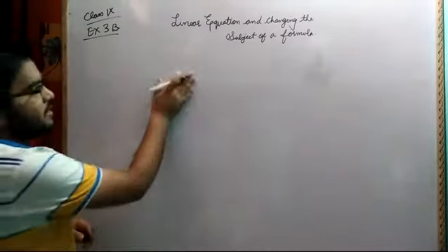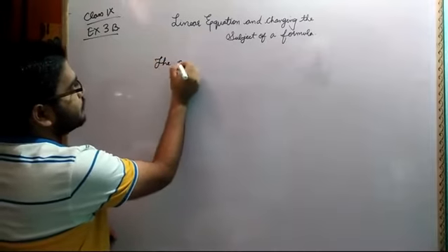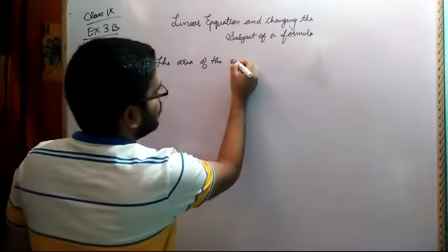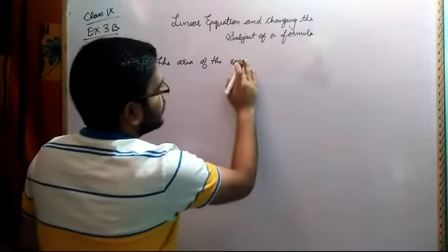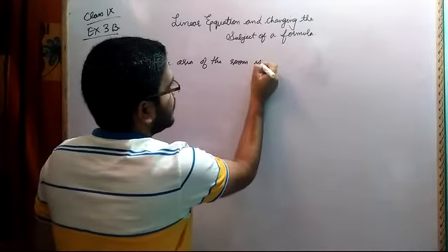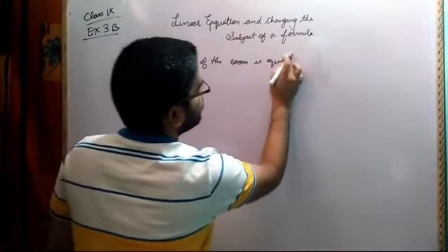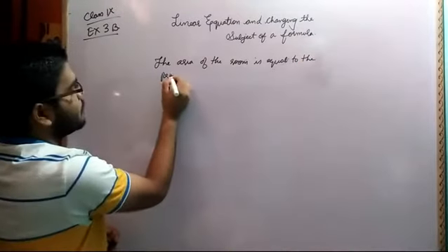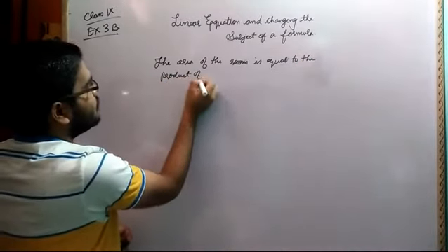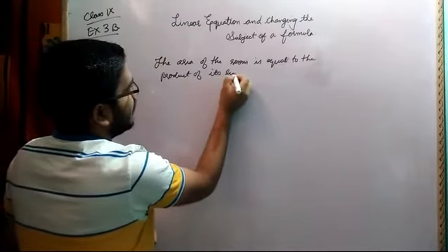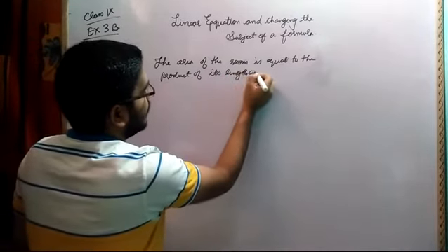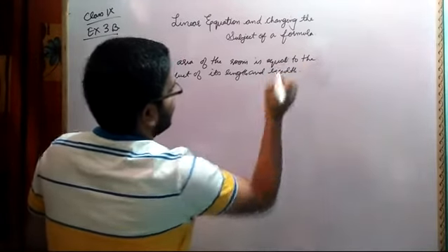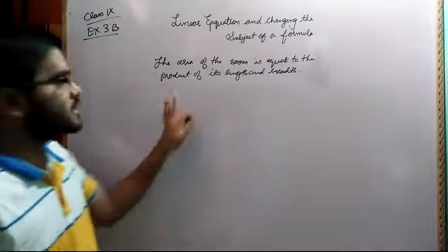So what I said, the area of the room is equal to the product of its length and breadth. So this is in a sentence, it is in words.